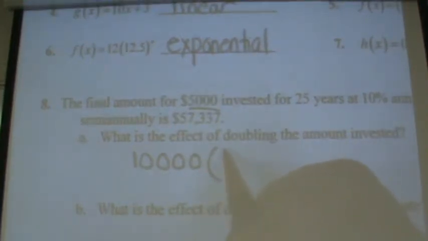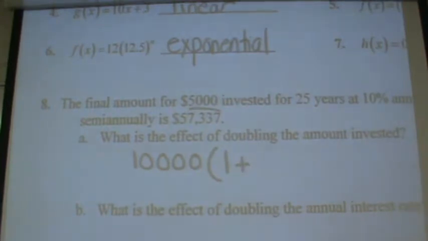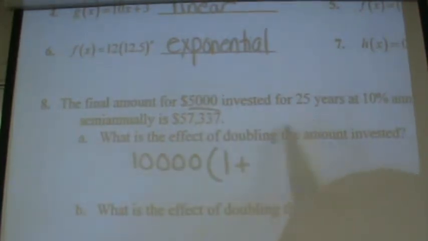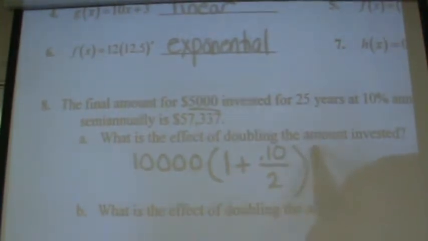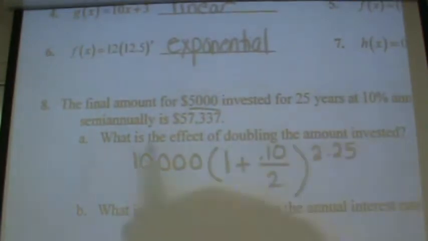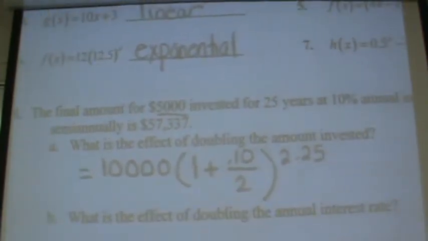And then interest is compounded semi-annually, so the interest is 10%, 0.10 over 2, because we're doing semi-annually, and then 2 times how many years? 25 years. I would like for you to figure this out on your calculator.